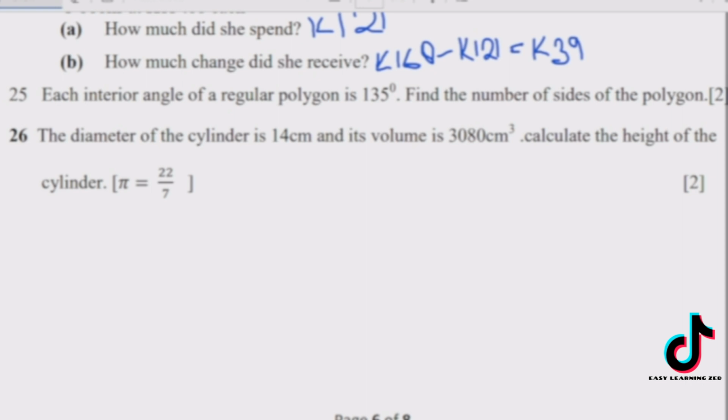Okay, so to do that, first of all, I'm going to come up with just a side of this polygon so that you can get a view of what I'm trying to explain.